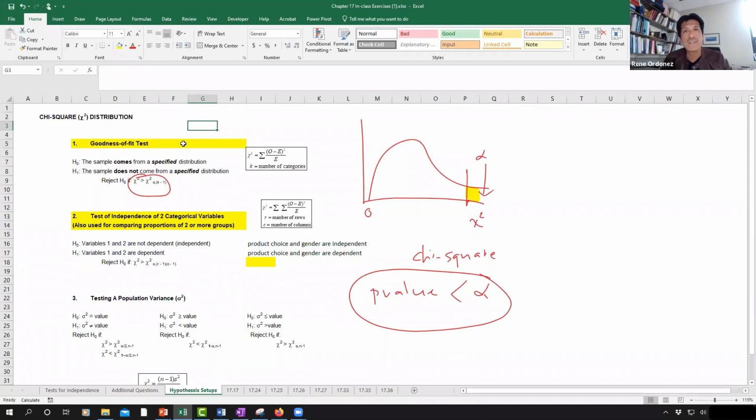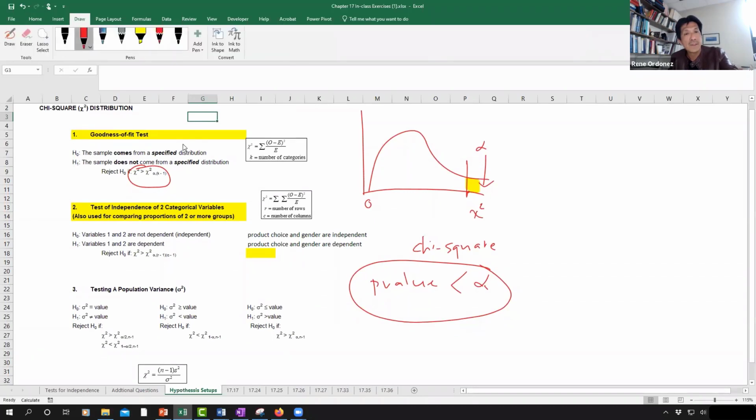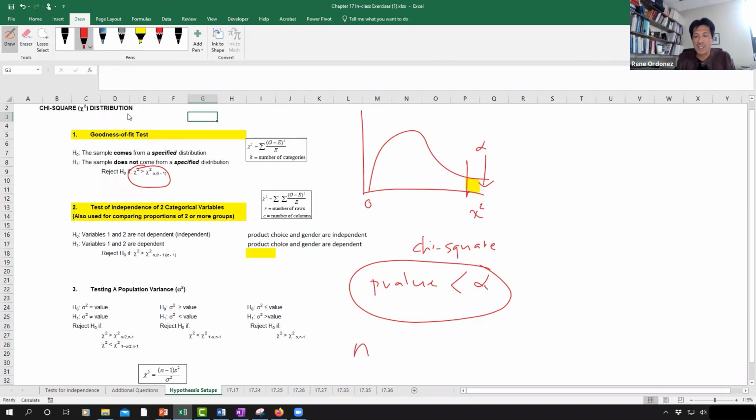Basically, a goodness of fit test asks the question: if you were given a sample, a data set, does this particular sample come from a specified or a specific distribution?